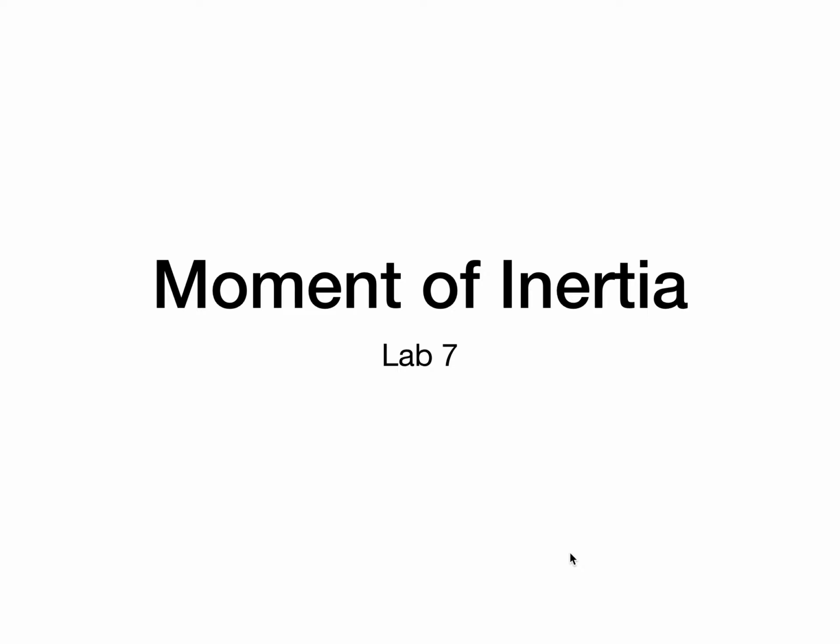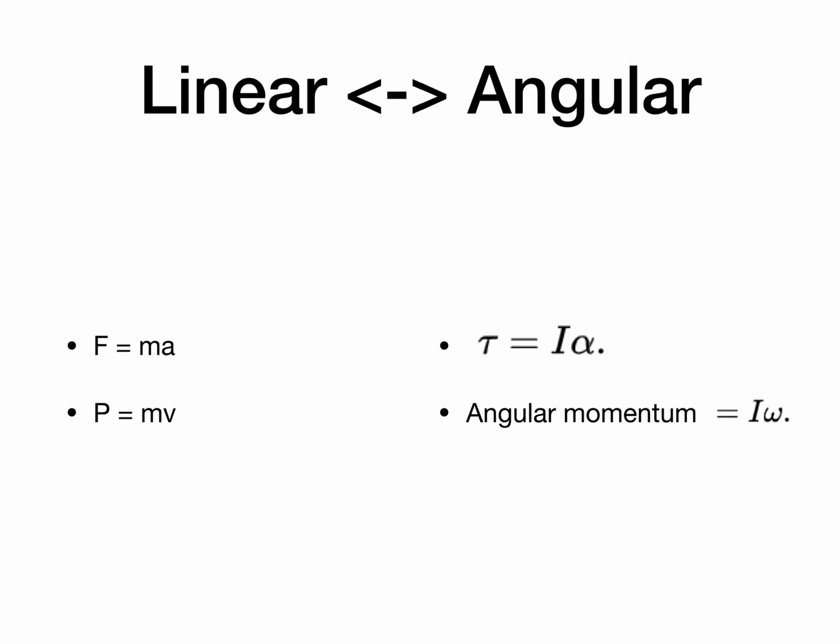For lab 7, the topic is moment of inertia. What does moment of inertia mean? We can think of this lab as a transition from linear movement to angular movement. For linear movement, we should be pretty familiar with force equals mass times acceleration.